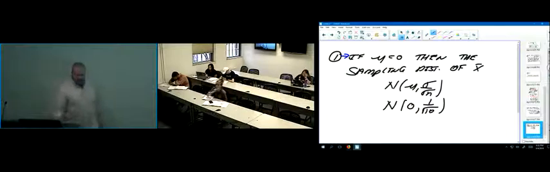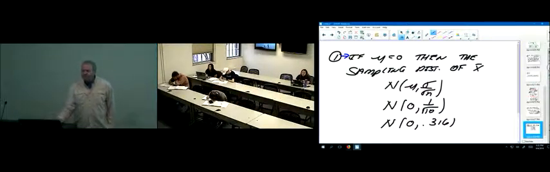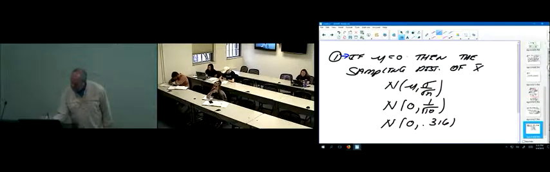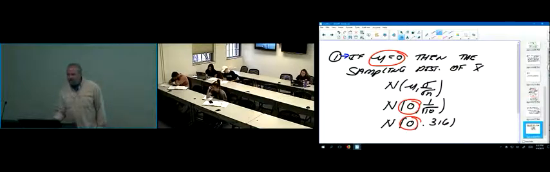And so we pull the calculator out, and I'm normal, and I'm centered at 0, and my standard deviation is 0.316. We okay? Sigma was given to me. I'm looking at a sample of size 10. The 0 is coming from right there.